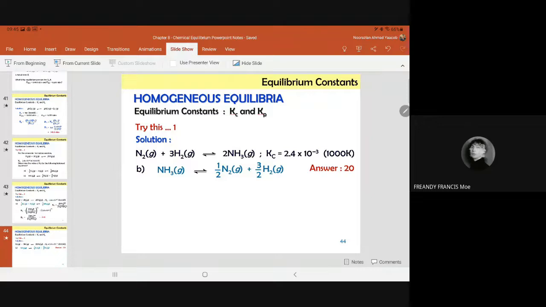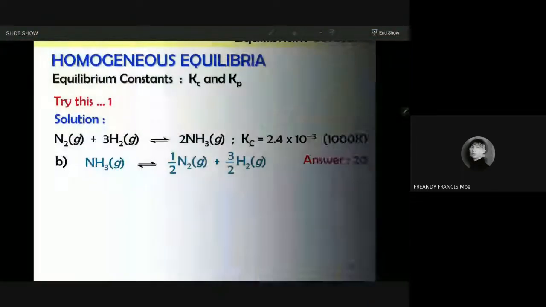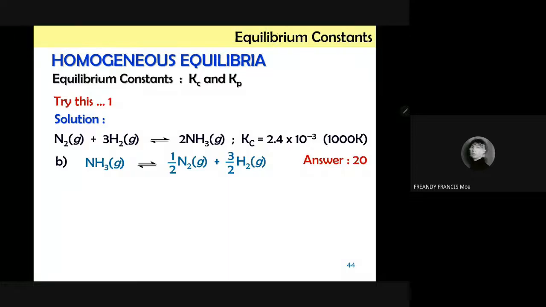Jadi, kalau kita tengok, okay, cara dia, nak kira yang ini, so this is how we can write it down. So, Kc sama dengan concentration of N2, 1/2, H2, 3/2, over NH3.